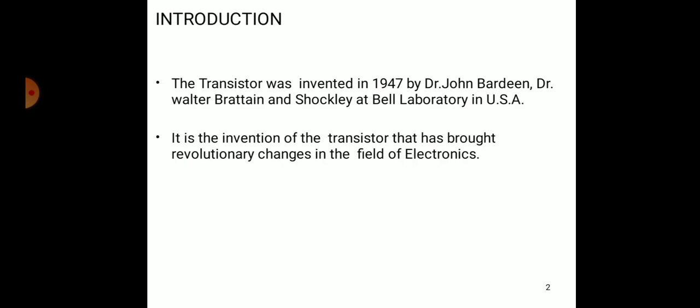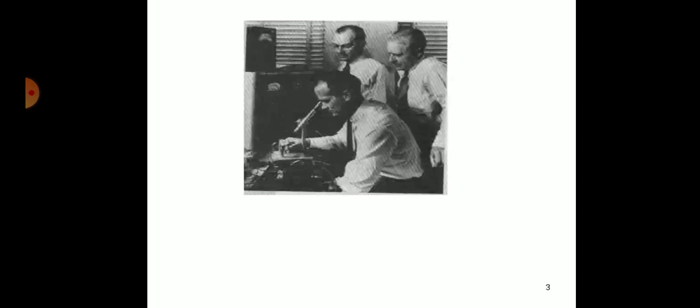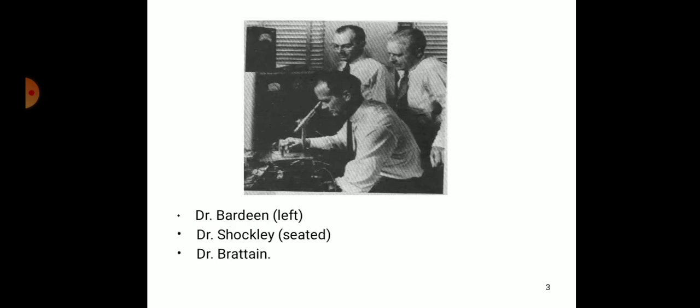Whatever present electronic goods are there, all these goods are because of the transistor only. So these are the scientists who invented it: Bardeen, Shockley, Brattain.